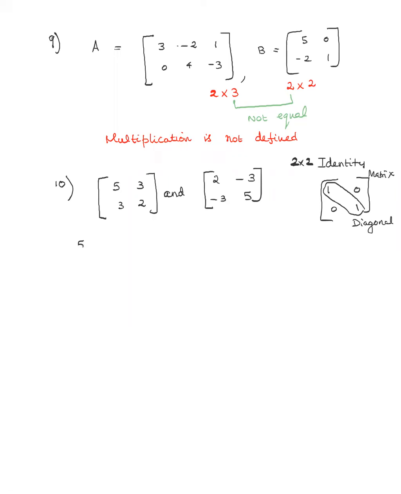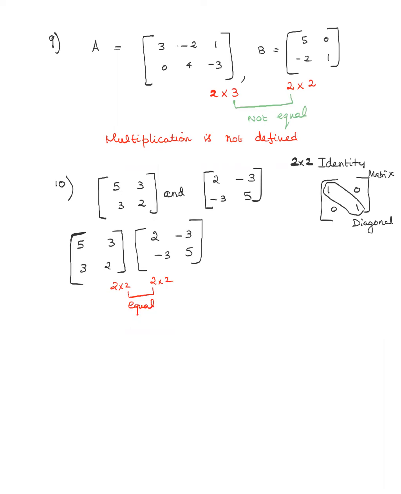So let's check if they multiply to the identity matrix. I'm going to multiply the given matrices here. Again, you have to check the rules and the size. The size here is 2 by 2, 2 by 2. These two are equal, so the multiplication is defined.